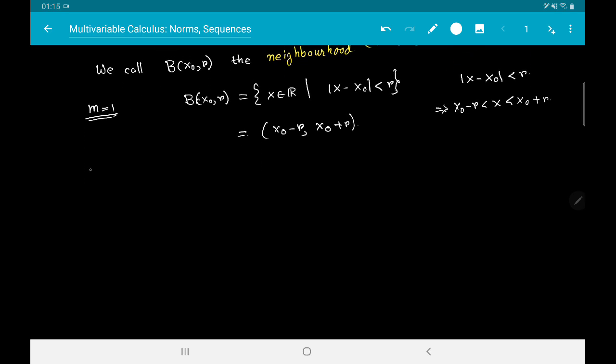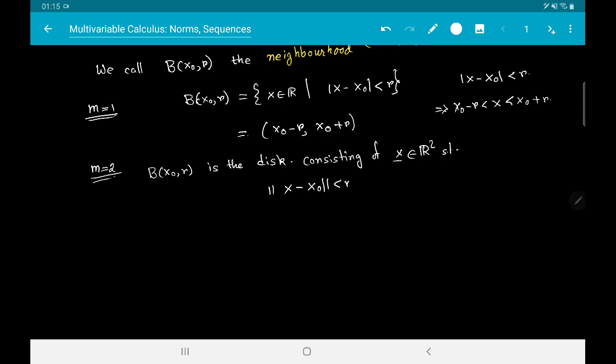What happens when we take m equal to 2? Then B(x0, r) is the disk consisting of x in R2 such that the norm of x minus x0 is less than r.